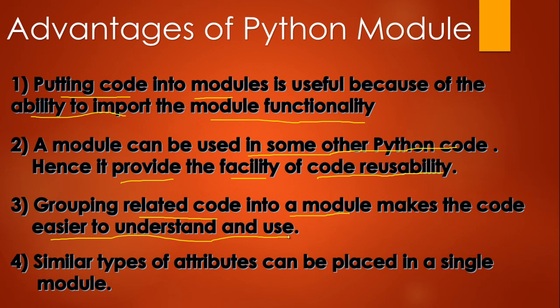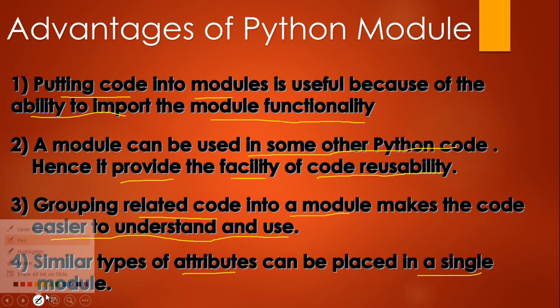And the last point is that similar types of attributes can be placed in a single module. As you saw in my previous slide, along with the functions, I can also include variables in that file. In the module I created 3 functions, and along with that I also created 2 variables: one is percent and the other is commission.